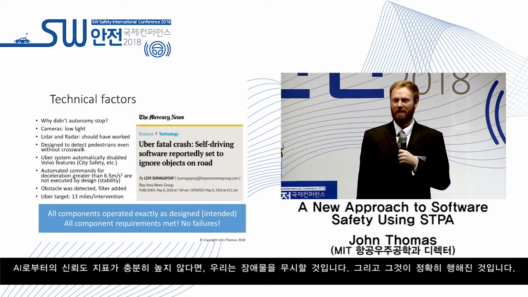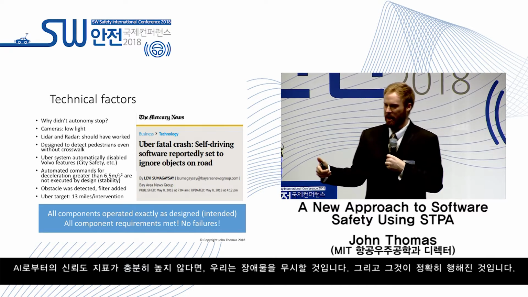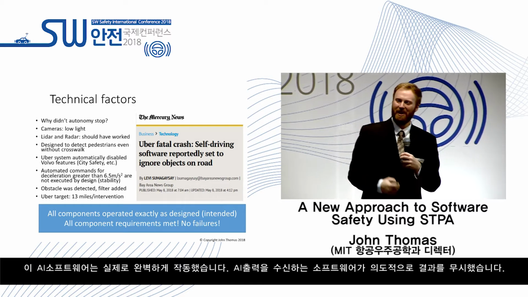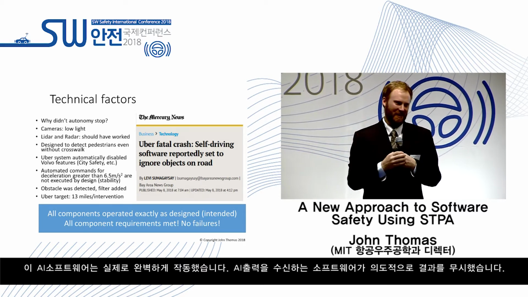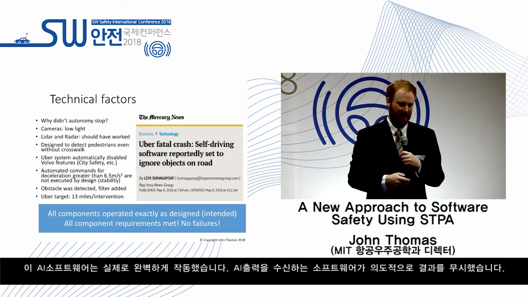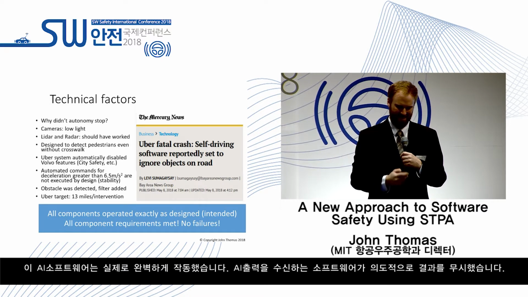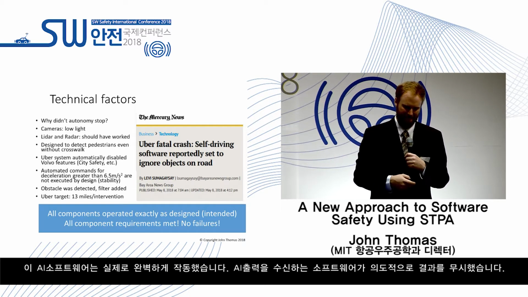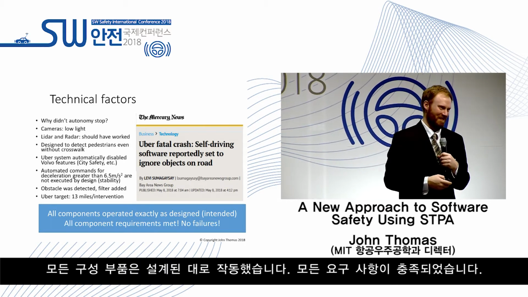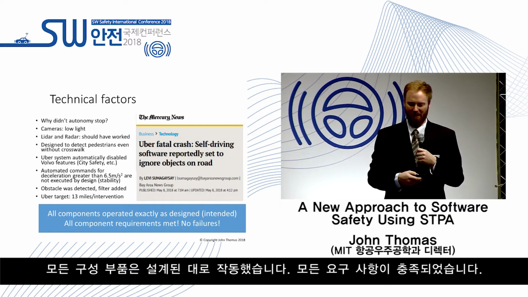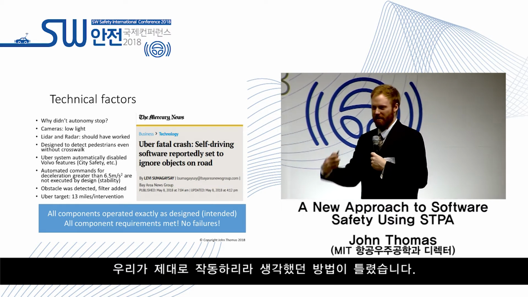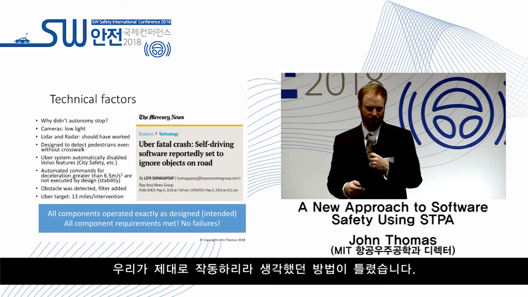And that's exactly what was done. The AI piece actually worked perfectly. The piece that receives the AI output ignored the result on purpose, by design. Every piece worked as designed. All requirements met. The way we thought it should work was wrong.